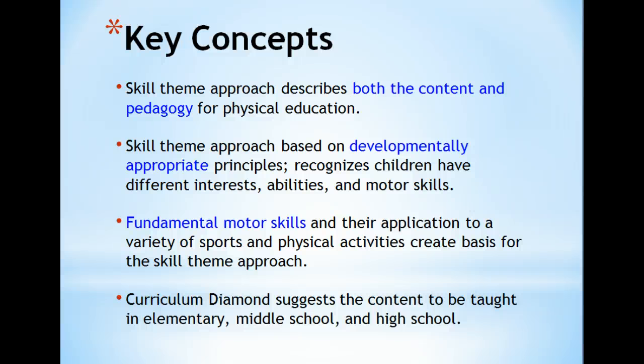The skill themes are based on the idea that the content in physical education is dance, gymnastics, aquatics, games and sports, outdoor or adventure activities, and fitness. The skill theme approach is based on making sure that all activities or physical tasks that you ask the students to do are developmentally appropriate for them. At this level, we don't go by their age or their grade level, we go by what their developmental level is. In other words, is it pre-control, control, utilization, or proficiency?